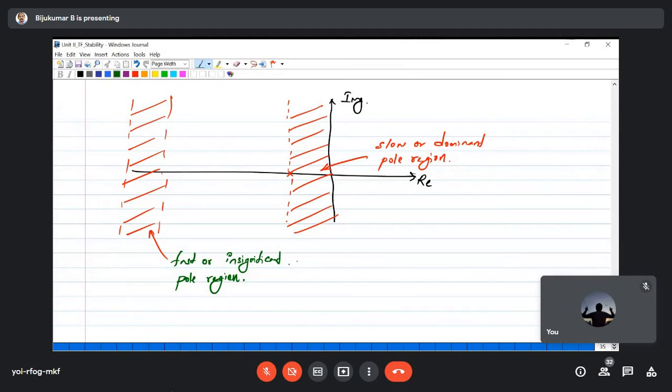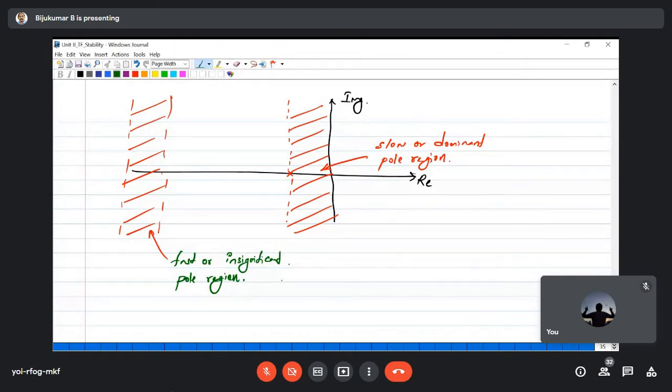In another way, suppose I have a third order system. Obviously, the number of poles will be 3. Out of 3, suppose 2 are very close to the origin and one is very far away from the imaginary axis.